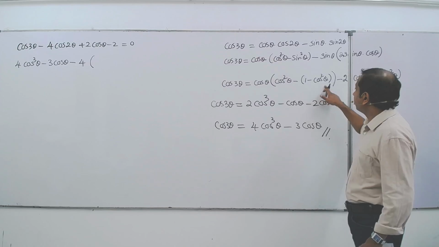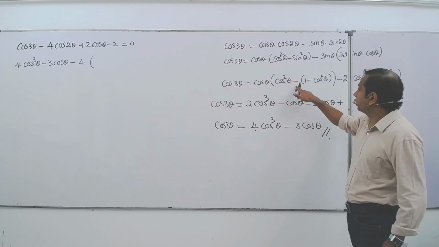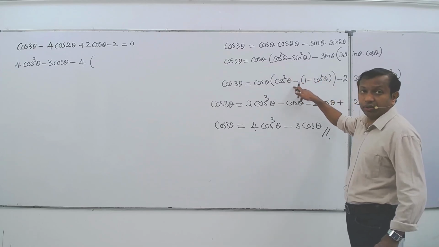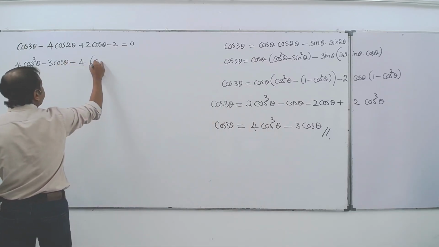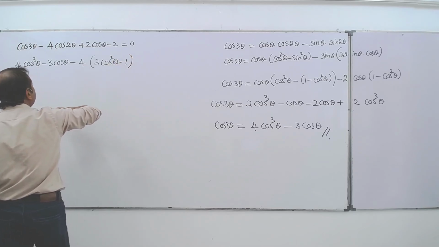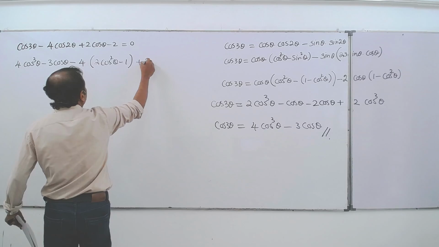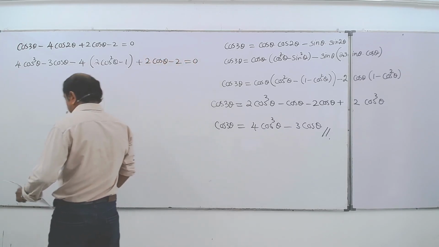Inside the bracket, when you simplify, we get minus minus plus cos square theta, 2 cos square theta minus 1. Therefore I can write 2 cos square theta minus 1, and plus 2 cos theta minus 2 equals 0. This way you can write it.